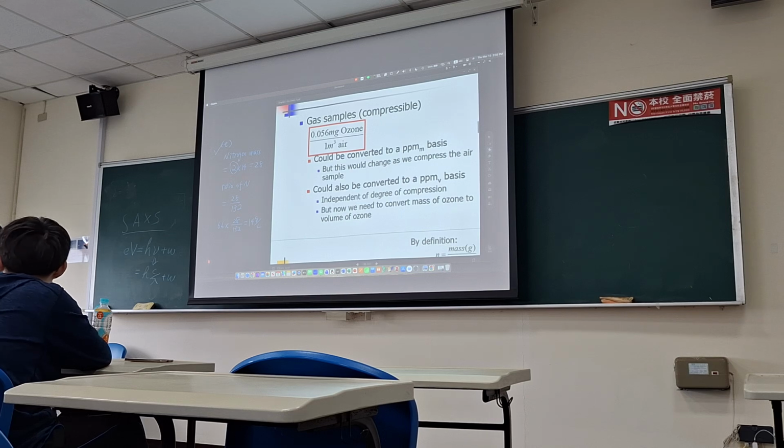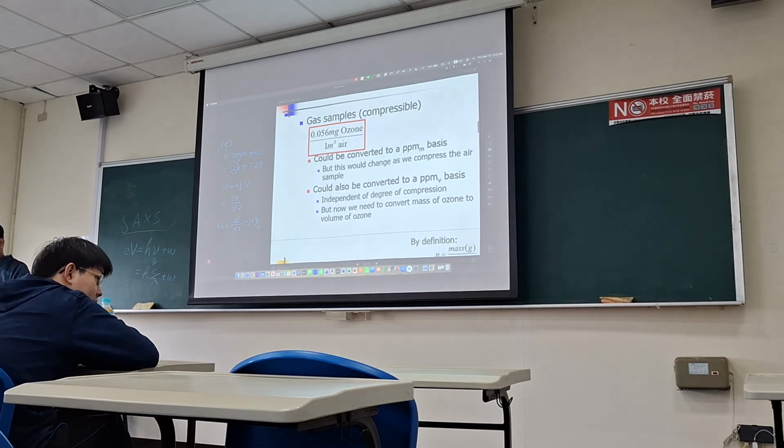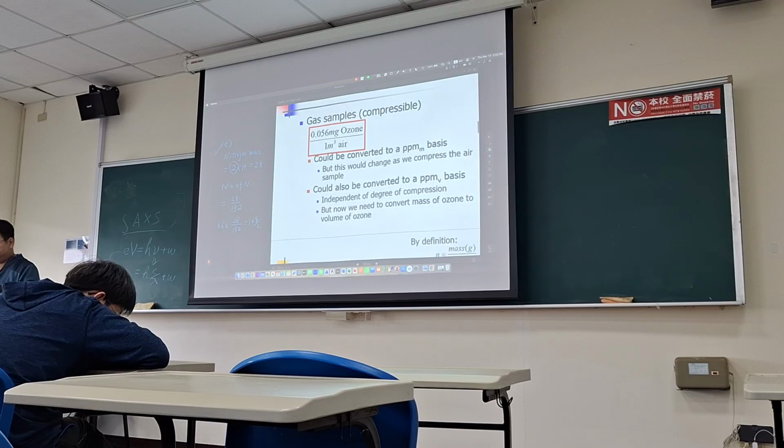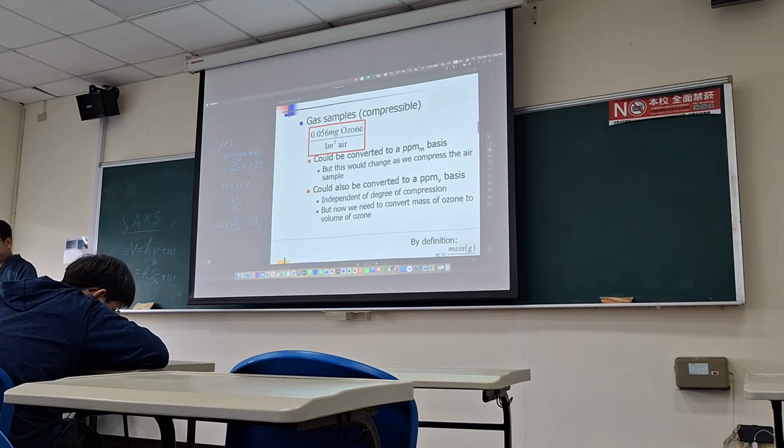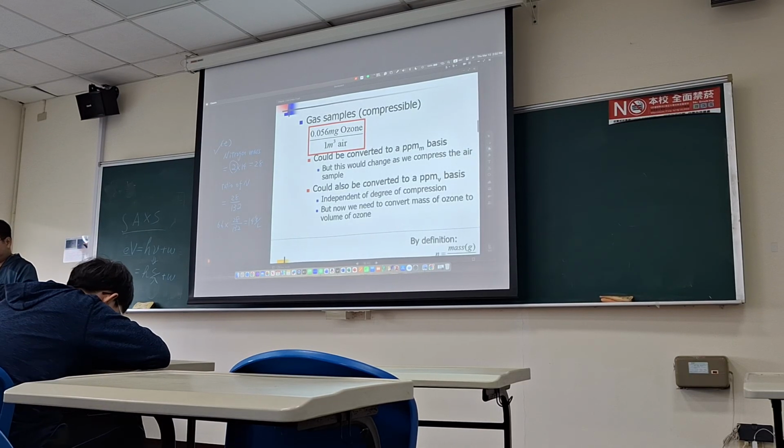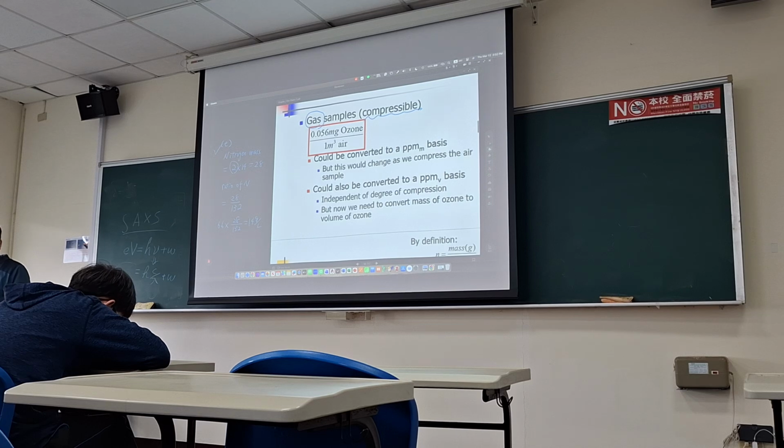Okay, let's move on to the gas sample. Students, when gas comes to your mind, it has very important characteristics. The gas is compressible. Right?